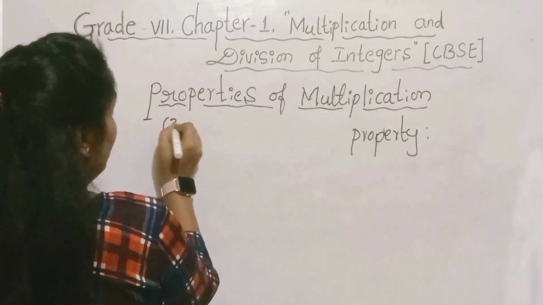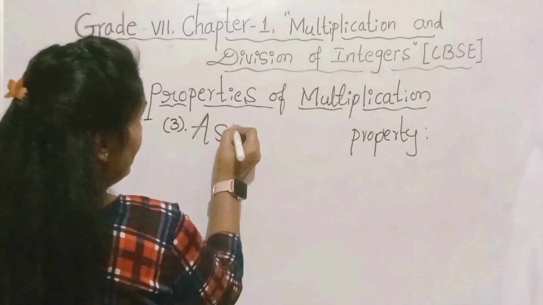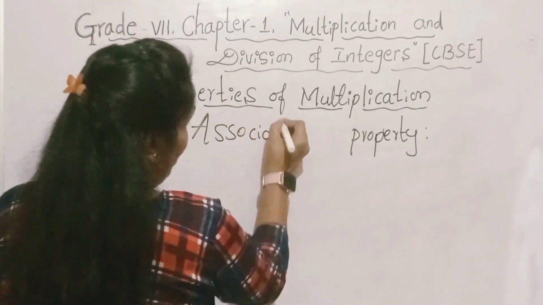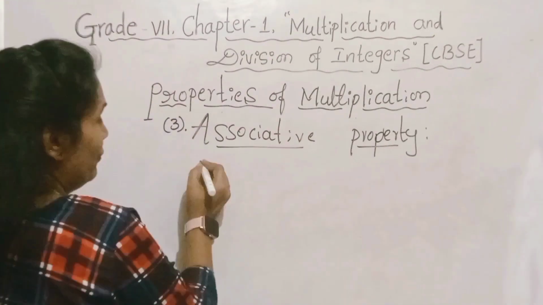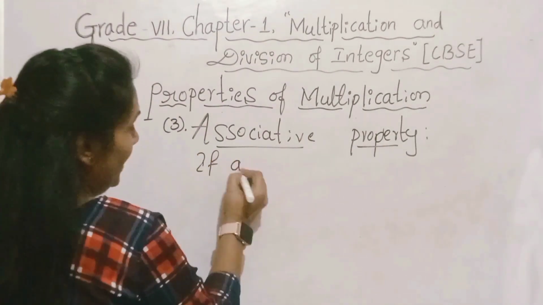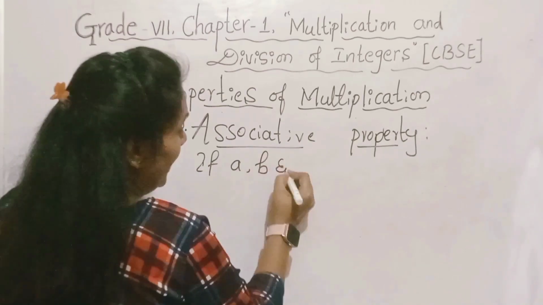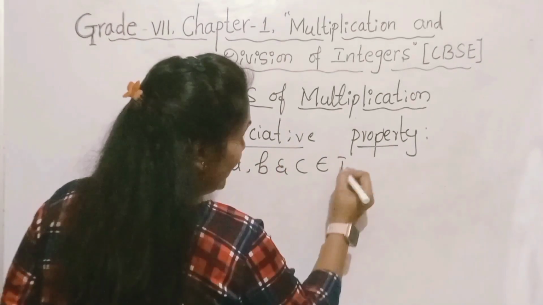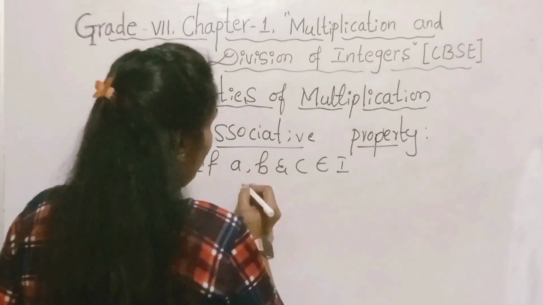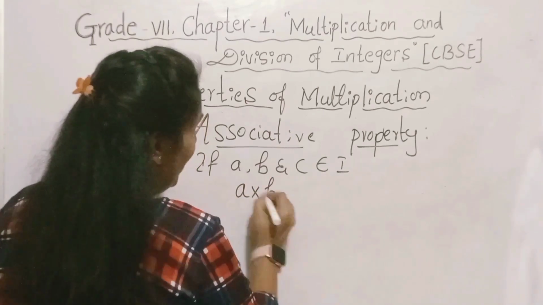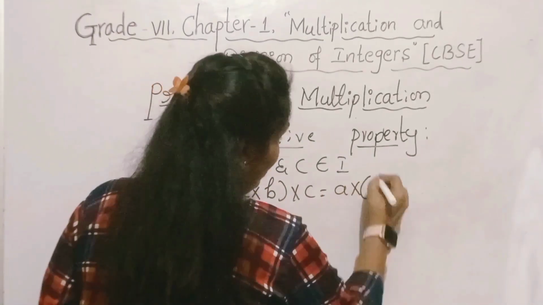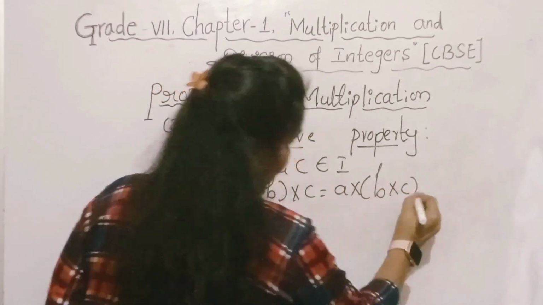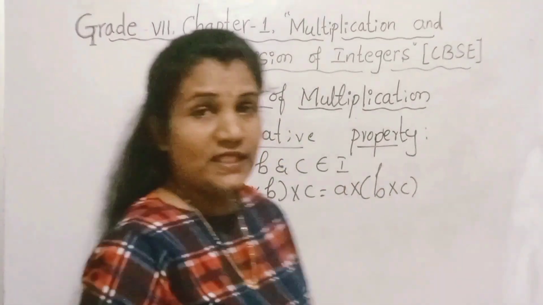The third property is the associative property. What does it say? If a, b and c are any three integers, then (a into b) into c is equal to a into (b into c). Here, putting the bracket is important.